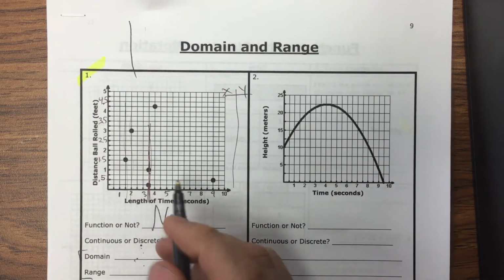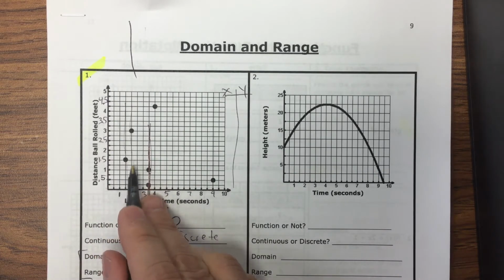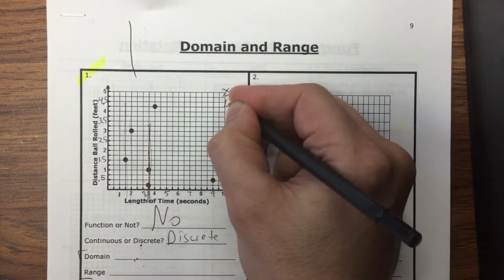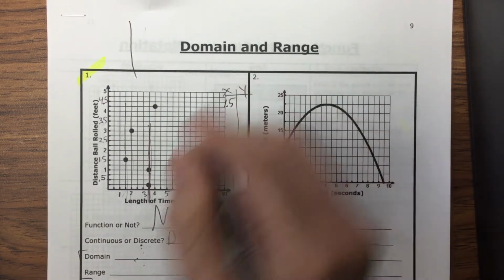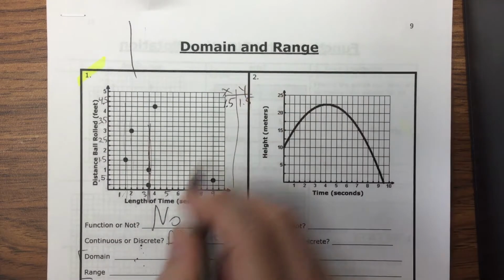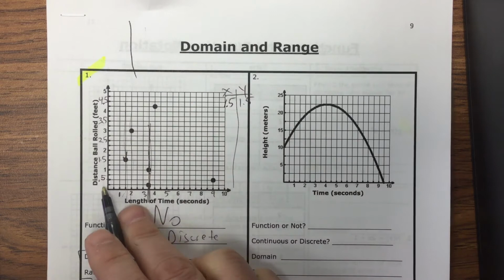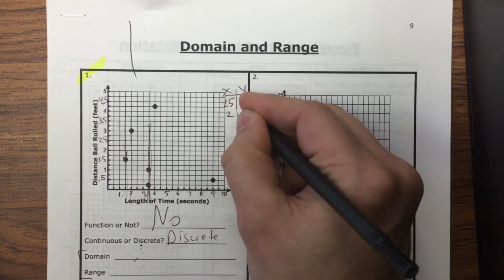Now that we have that labeled, it makes it a lot easier. This first point is an x value of 1.5 and, I'm sorry, a y value of 1.5 as well. The next one has an x value of 2, a y value of 3.